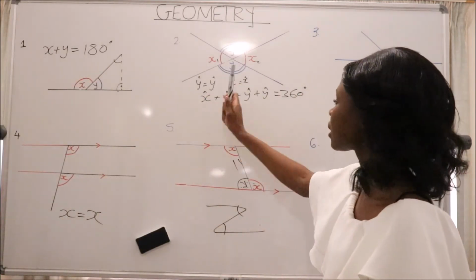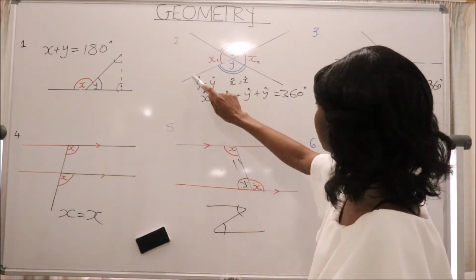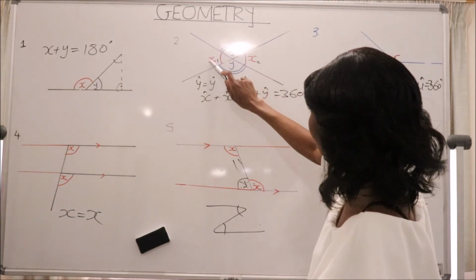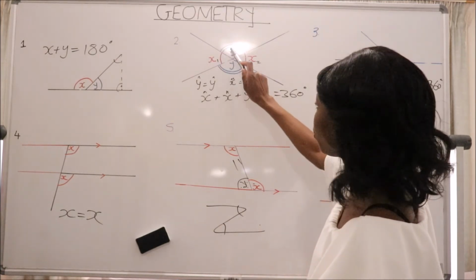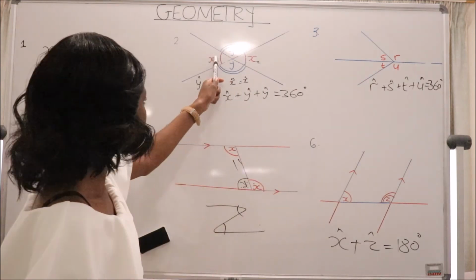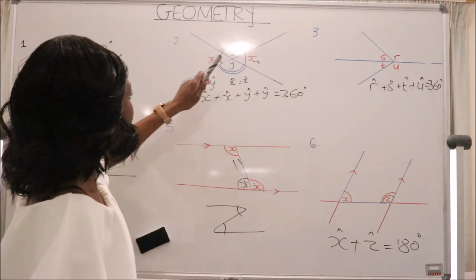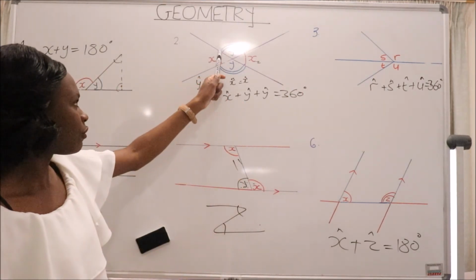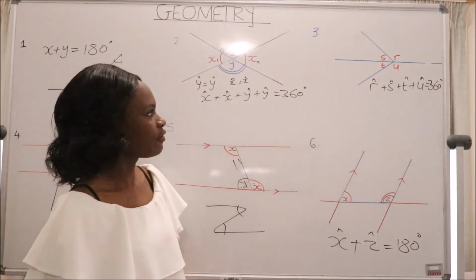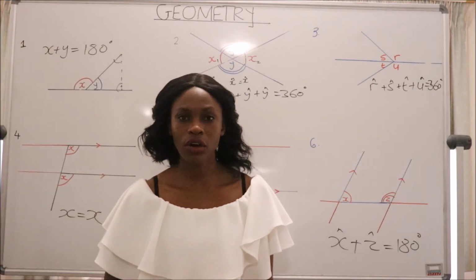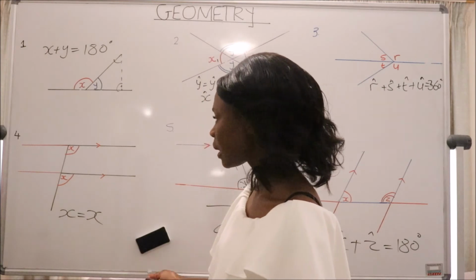For this case here, for example, if we just consider the straight line only, the angle x and the angle y, when we add these 2, they must always give us a sum of 180 degrees. So you can see that with geometry, you can always apply a lot of things within the same triangle.